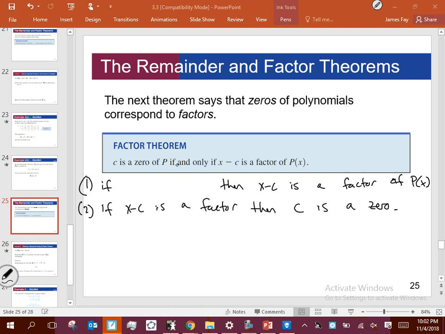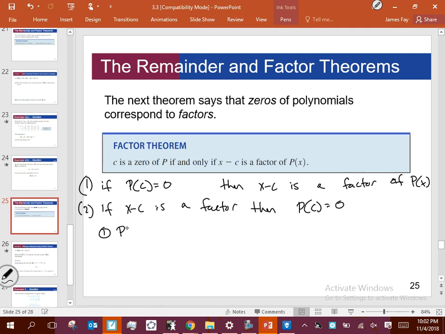If you go back to what we talked about in 3.2, it says C is 0, then P of C equals 0, saying the same thing. Down here it says if x minus C is a factor, then P of C is a 0. All right, so proving this first one, we know that, so let's put 1 here.